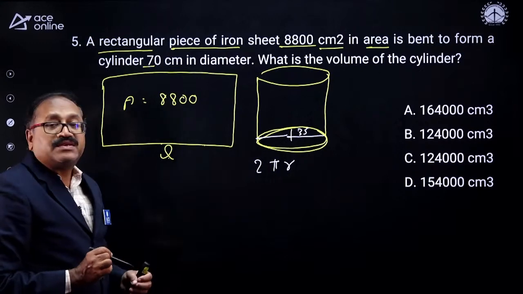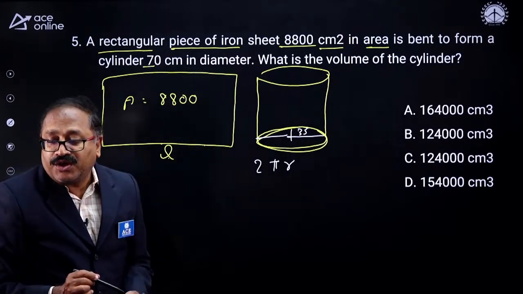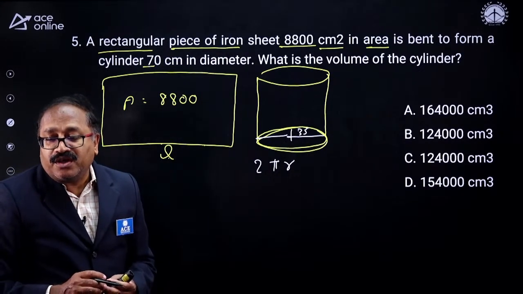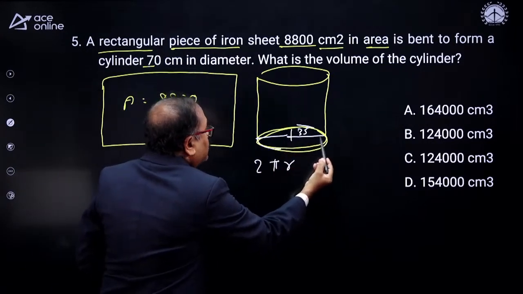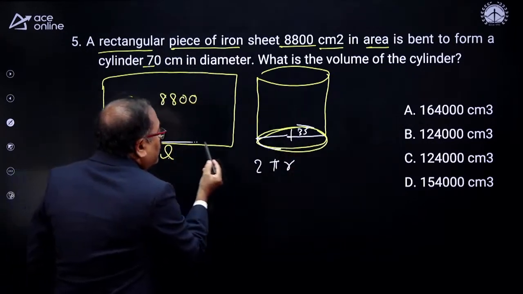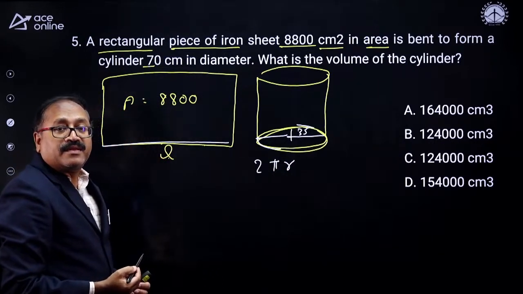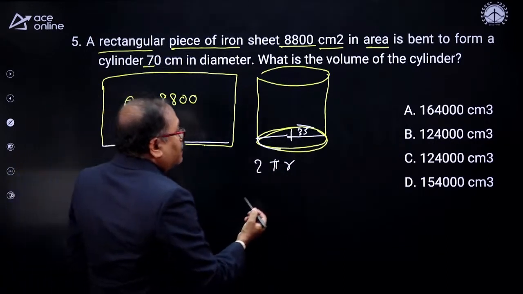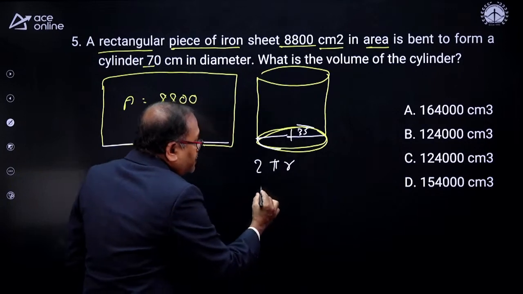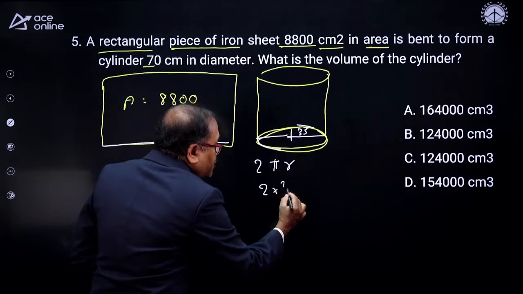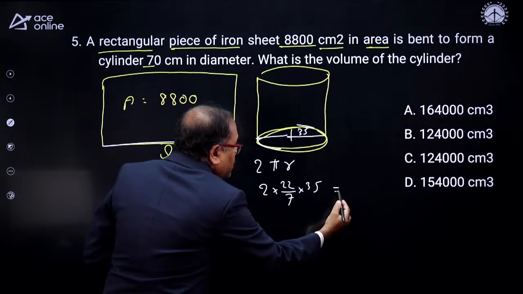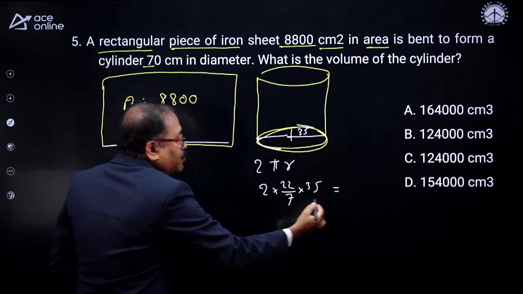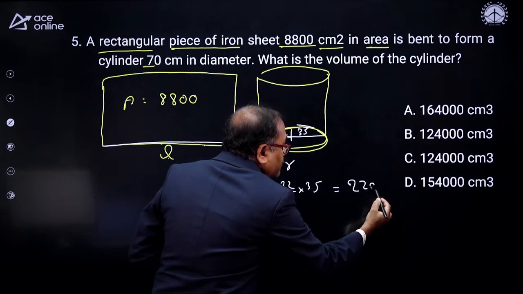You got the radius? So in this way, you are getting the circumference, and the circumference will be nothing but L. Let me write down this one. 2 into 22 by 7 into 35, this gets cancelled, 5, 2 and 220.